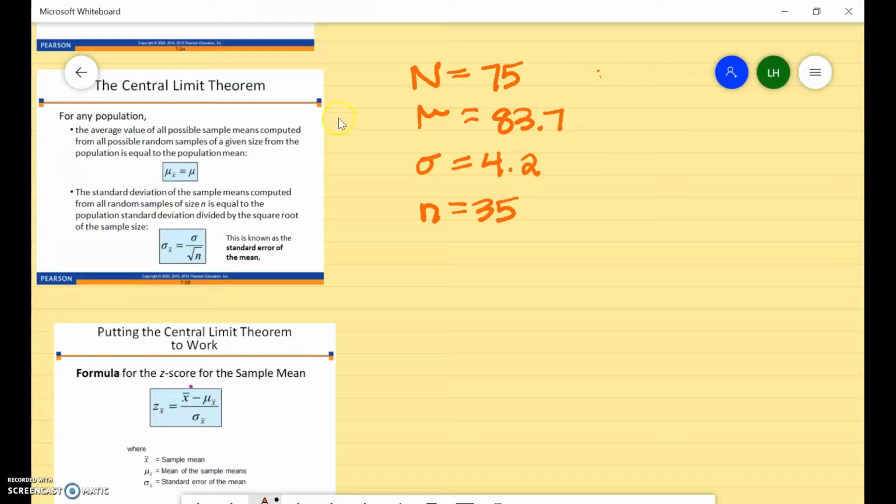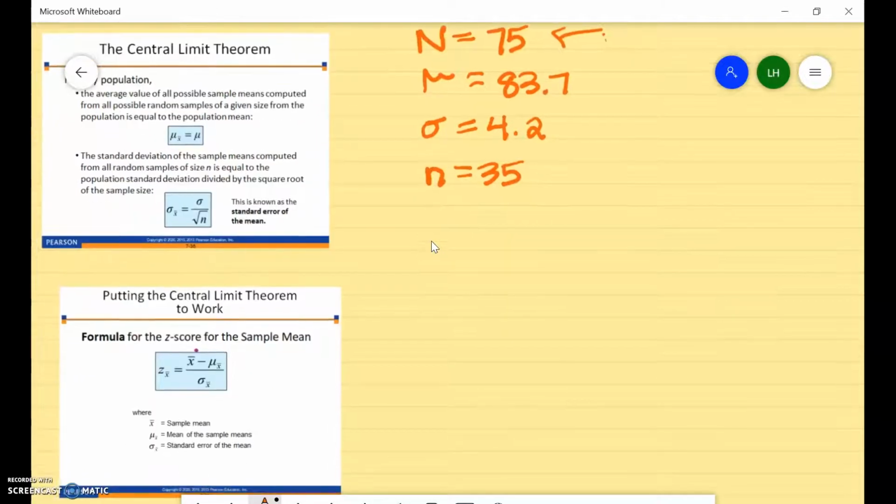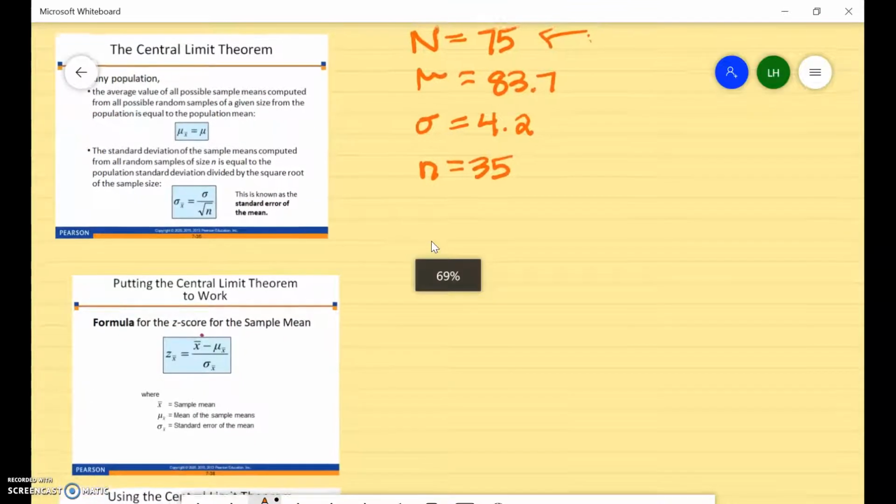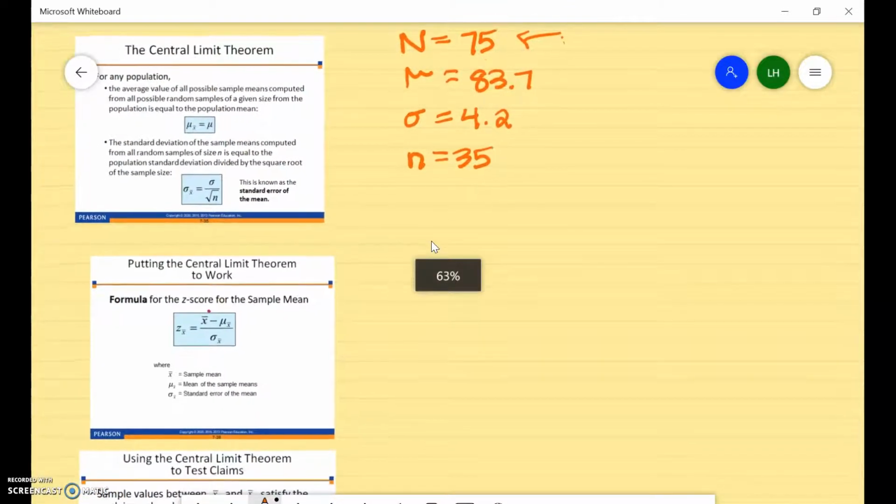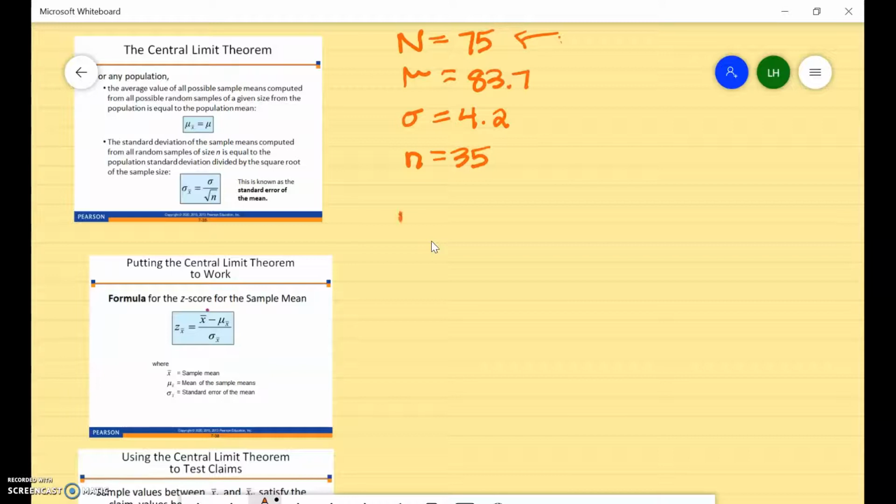So here is the information that was given to us in the problem. As you can see, there is a finite number in our population, meaning that it's not a never-ending population. It's 75. So we need to compare the sample to the population.